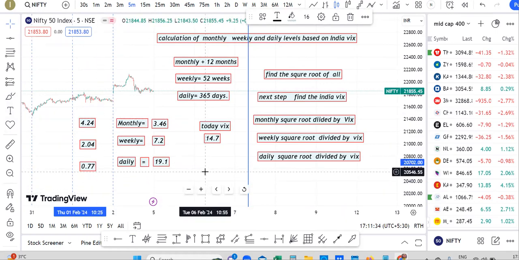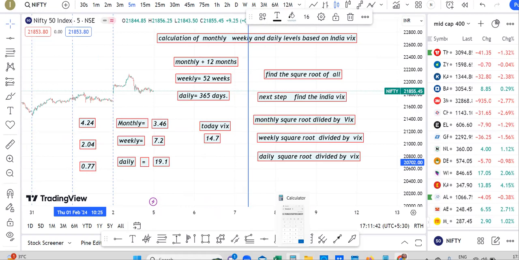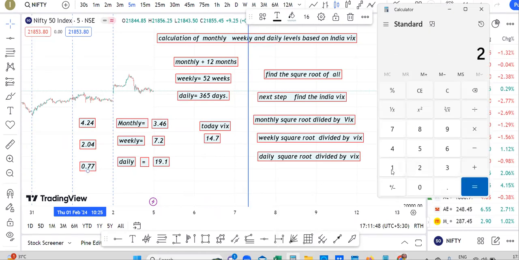So how I'm going to calculate the levels is, let me calculate here itself. What is the close of the Nifty? It has closed around 21,853. For monthly, I'm going to calculate plus 4.24. I'm clicking on the percentage, and it gives the percentage value.